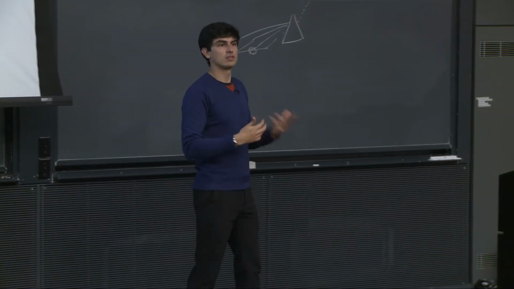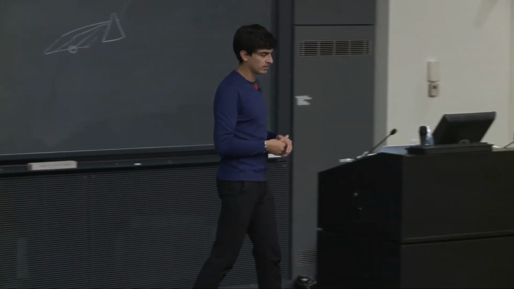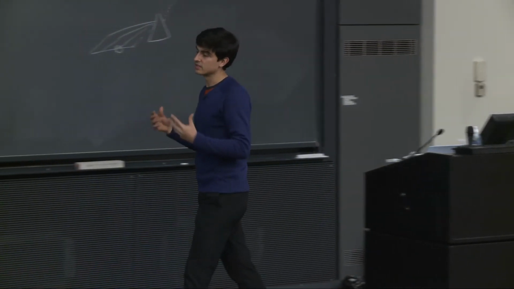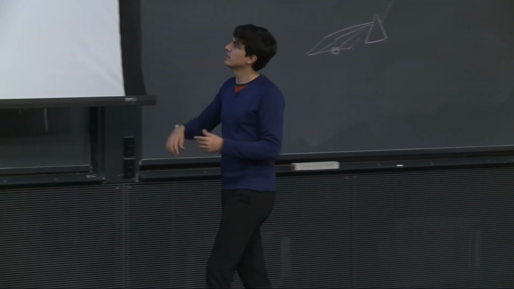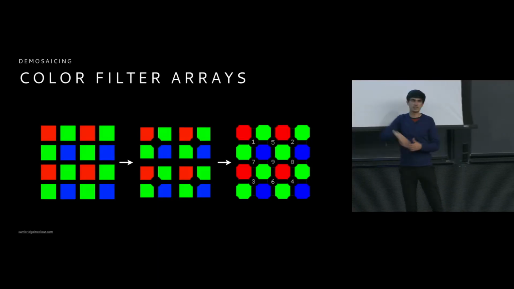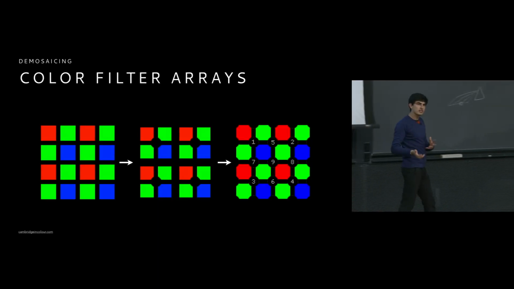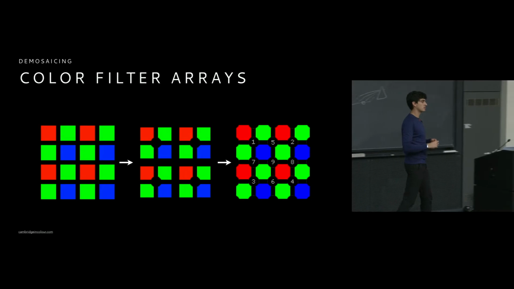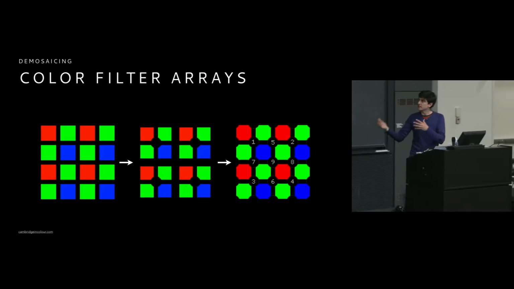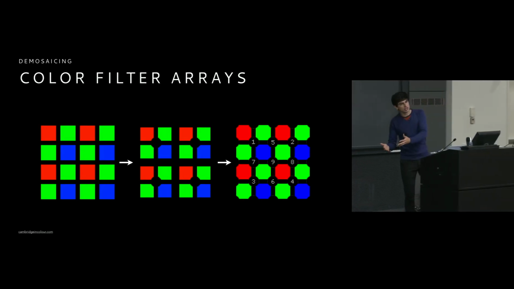This actually results in a lot of problems that we'll see, especially in the artifacts lecture in just a few weeks. But this is, in fact, one of the issues of digital cameras today. Because the photodiodes can't understand color, we have to have this color filter array on top of them. And as a result, we have to have an algorithm that is then able to recombine neighboring colors to figure out what the original color in the scene was.